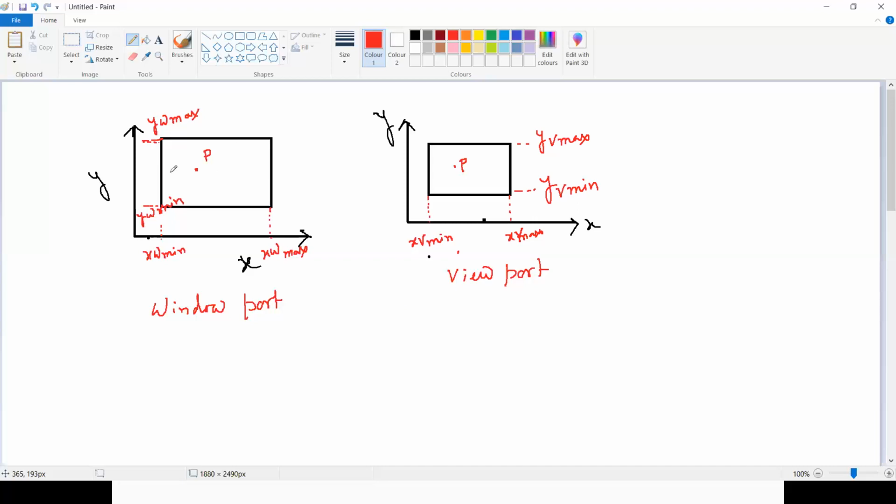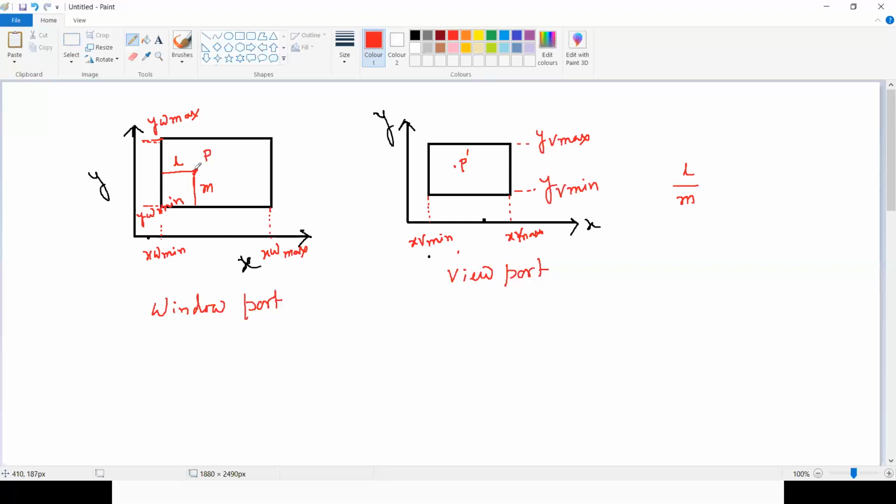So you can see that this point P, let us say, is L units away from the XW min and M units away from the YW min. So there must be a ratio L by M, and while we project the point P to the location, let us say P dash.